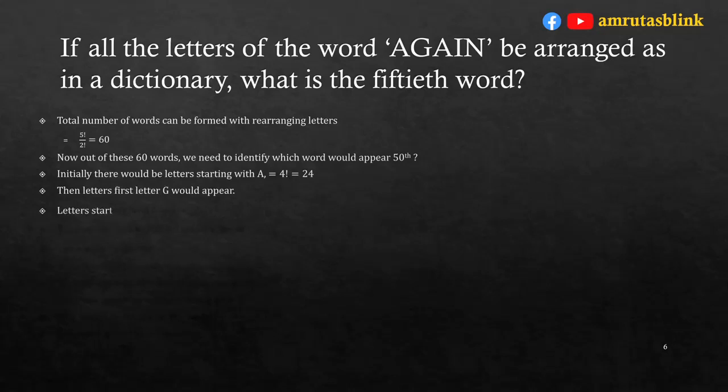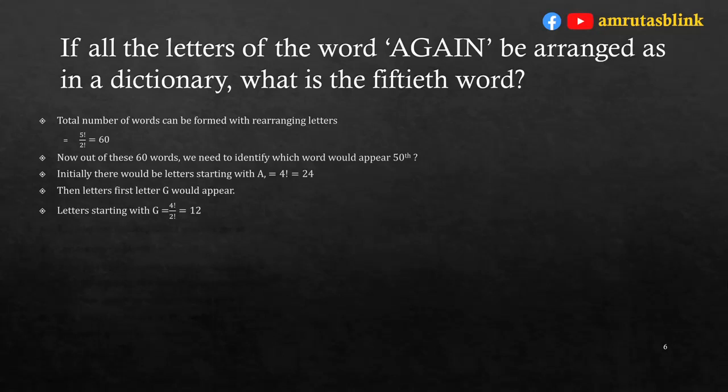Now, after A, next letter in sequence is G. So, how many words we can form which can start with G is again 4 factorial upon 2 factorial. 4 factorial is for remaining 4 places and divided by 2 factorial because A is repeated twice, that is 4 factorial upon 2 factorial is equal to 12.